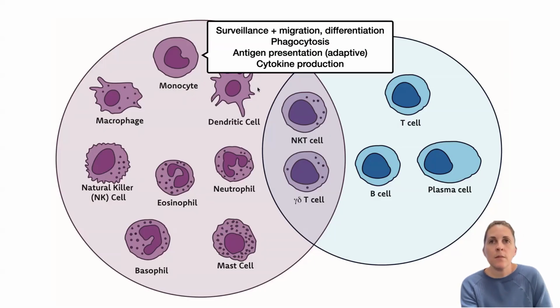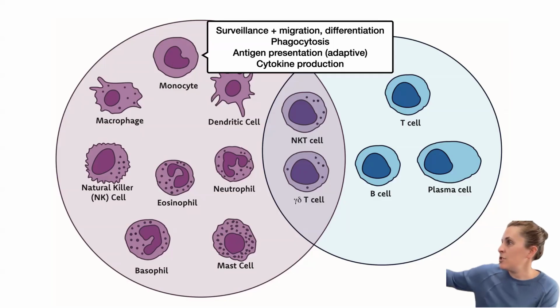So let's talk a little bit about what these different cells do. Our monocytes are involved in surveillance and migration. These are the cells that migrate around the body. They can also differentiate into macrophages or dendritic cells. They are phagocytes, meaning that they consume other things that could be damaged.